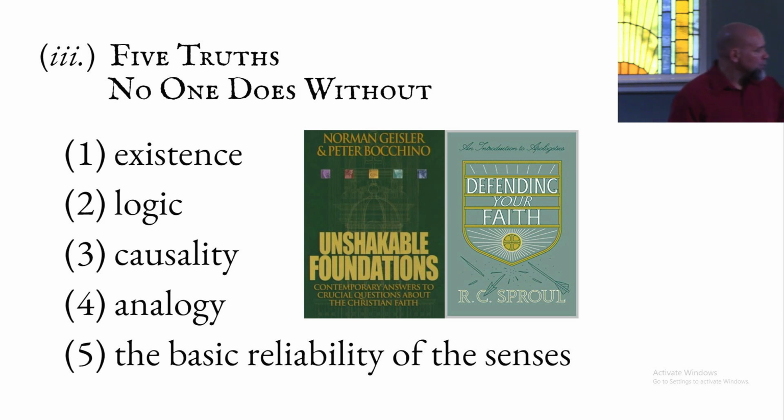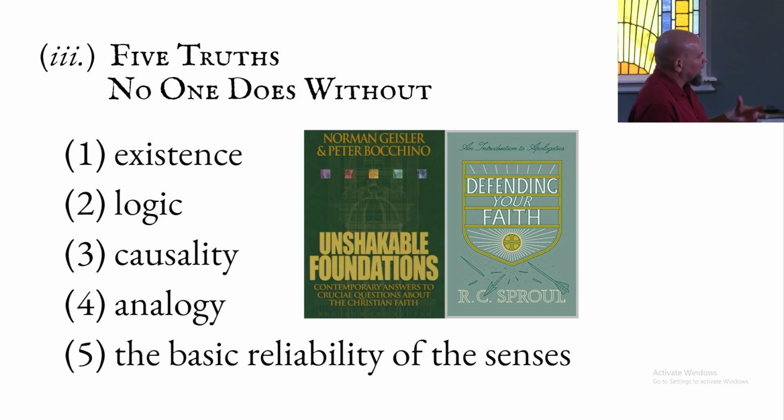And 2 places you can read about this are, I think it's the 2nd or 3rd chapter, just a very small section in Norman Geisler's book, and he co-authored this with this guy, Bocchino, but it's called Unshakable Foundations, where he supplies 2 of these, existence and logic. But in 2 of Sproul's books, Classical Apologetics, these showed up, but then when he did Defending Your Faith, about 20 years after, analogy was added to it in a more succinct way.